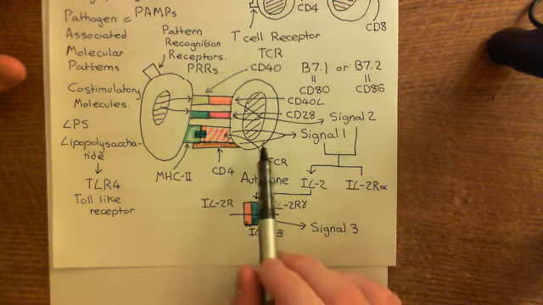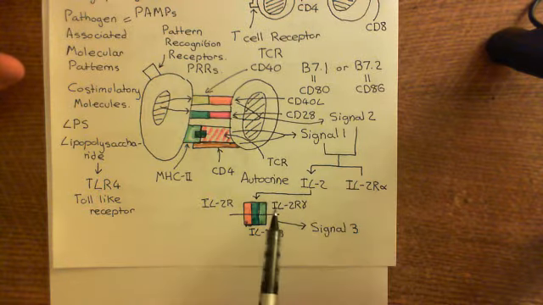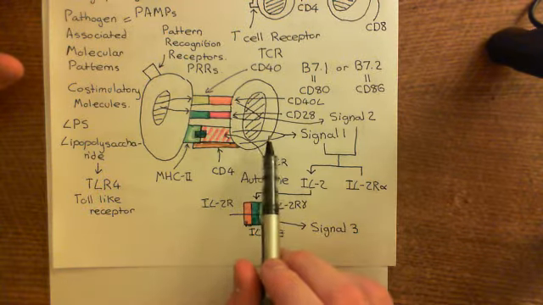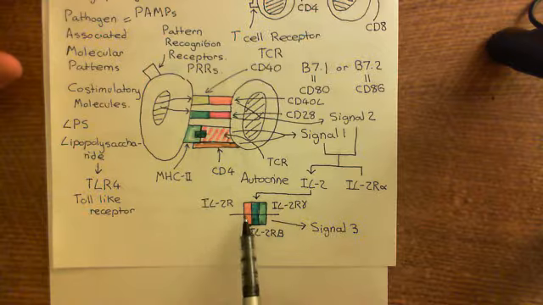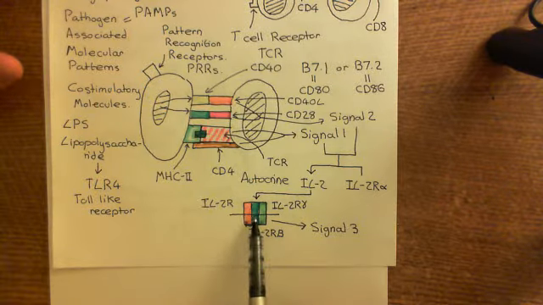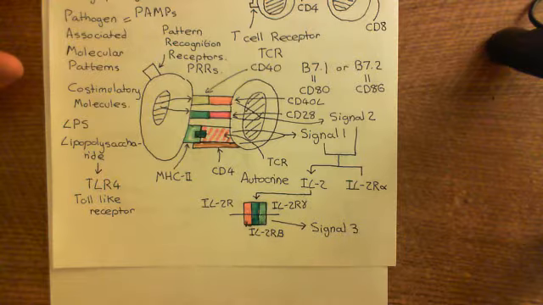The interleukin 2 will be secreted from the cell and will now want to act on interleukin 2 receptors on the surface of the cell. Now in order to have a complete interleukin 2 receptor, you need an interleukin-2 receptor alpha component, an interleukin-2 receptor beta component, and an interleukin-2 receptor gamma component. The beta and the gamma components are expressed constitutively on the surface of T cells.